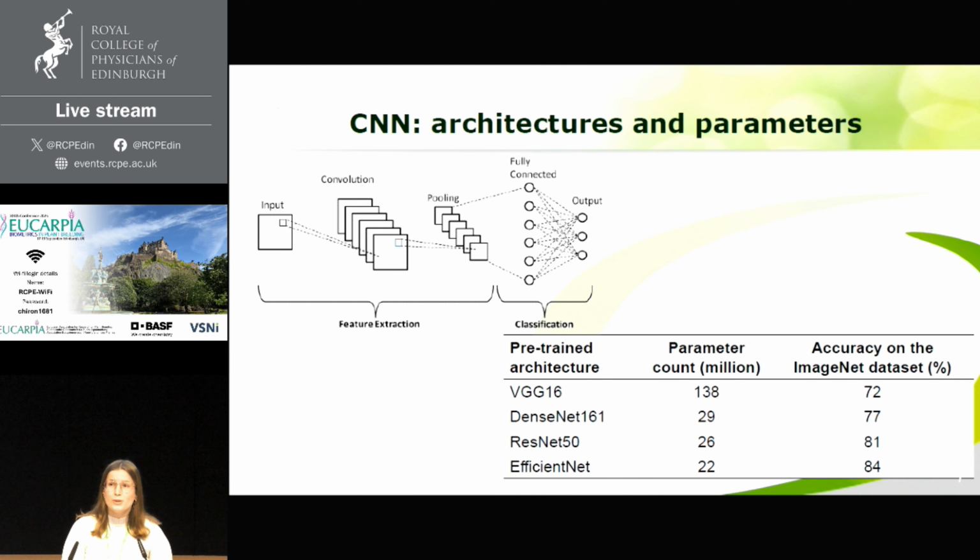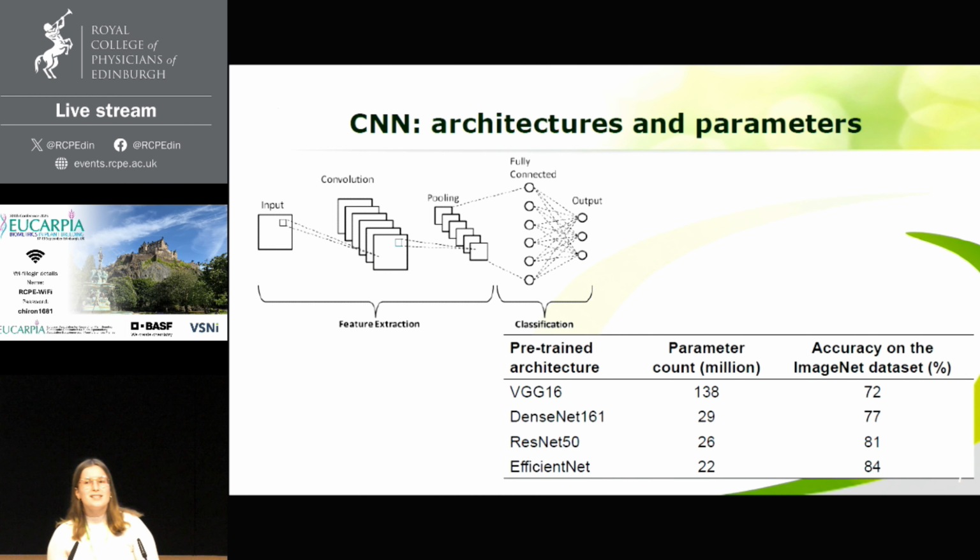As I've mentioned before, for the CNN, I did not have to do any feature extraction, but I did need to choose an architecture. As we've heard earlier, the architecture is kind of the structure of the model, so the number of layers, the type of layers, the exact specifications of each layer, and so on. As you can imagine, this is computationally intensive to optimize, so I decided not to do that myself.